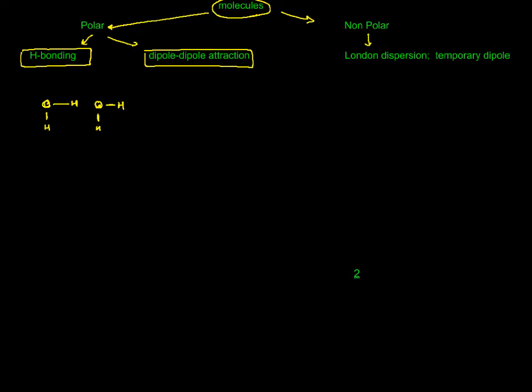And if I put partial charges, this is negative, positive, positive, positive for hydrogens, negative for oxygen, and this here is going to be strongest dipole-dipole, which is known as hydrogen bonding. So here is the attraction among these two molecules. So this is H bonding.